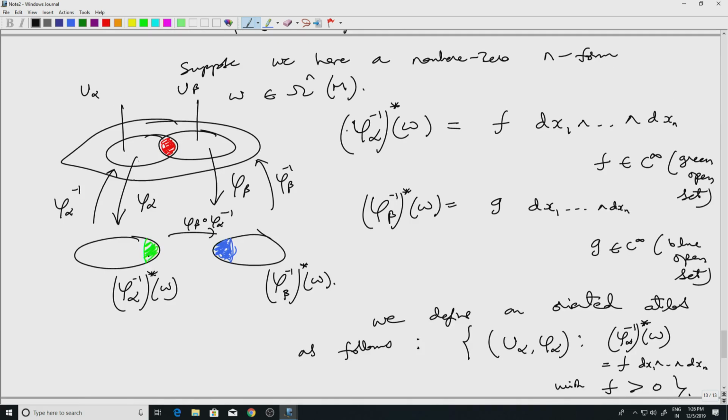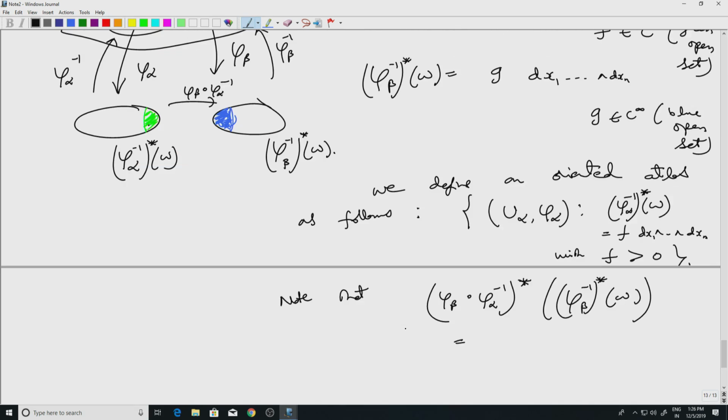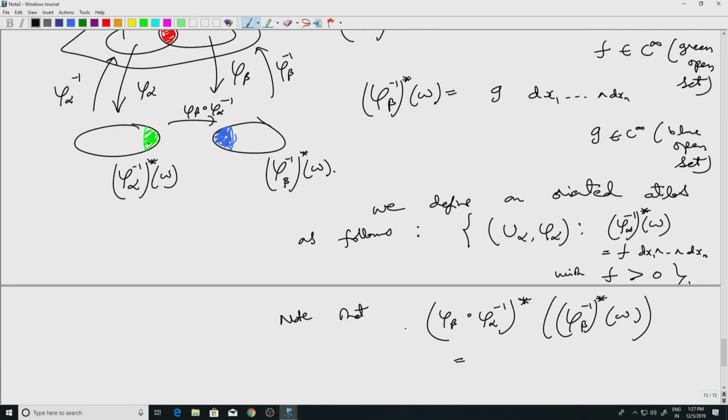I would need to go back to this, and then phi alpha inverse star will give me something here and so on. If I do this calculation, this phi beta inverse star will cancel, the order will get reversed after I take star, and then it's easy to check that I'll just get phi alpha inverse star of omega.